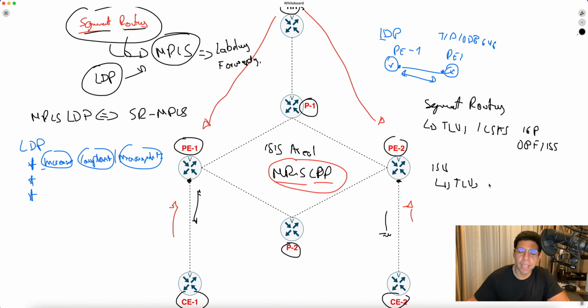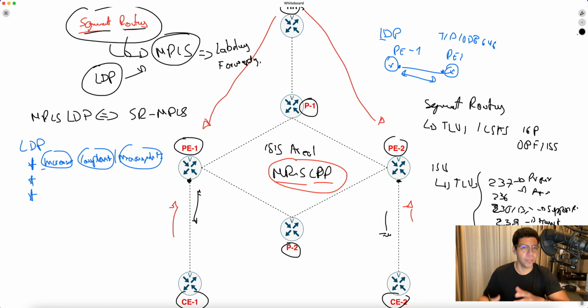The TLVs are, if I'm not mistaken, 237, 236, 135 for level 1 and level 2, and then we have 238 as well. This one I think is for prefix SID, this is for adjacency SID, this is for the support of segment routing, and this one is for transmitting prefixes plus label in segment routing. If I'm not mistaken, that's the correct order.